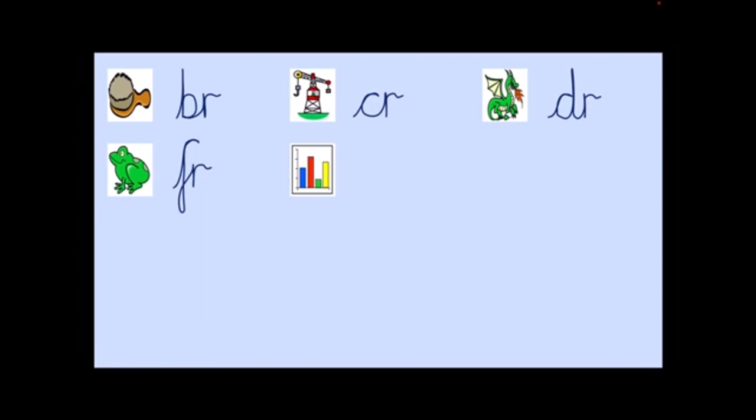Graph, gr. Gr is G, R. And printer. Pr is P, R. So those are the consonant blends we'll be using that have 2 letters.